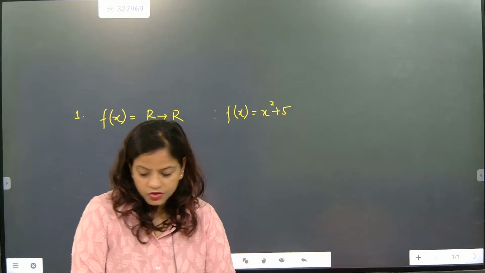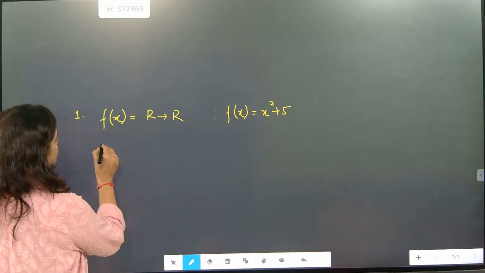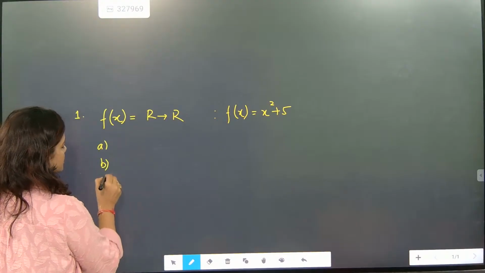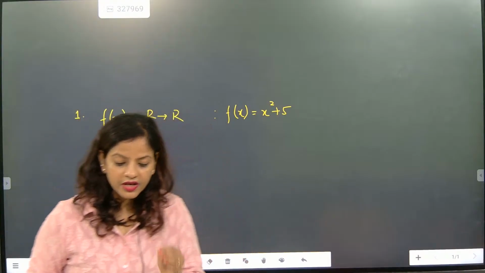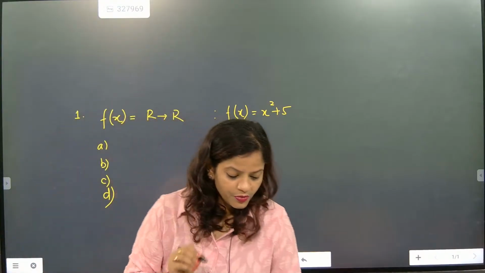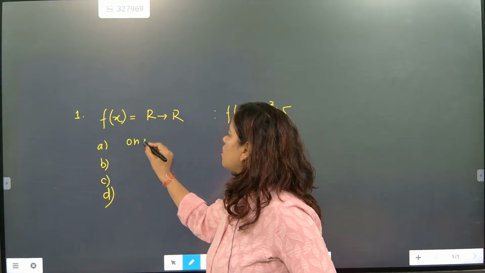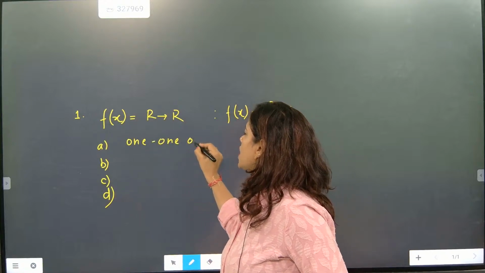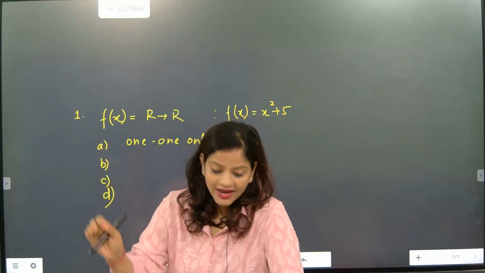Understood? So now I am giving you the options. A, B, C, and D. Remember, MCQs like this are coming very often, so we should focus on what is coming. Option A: one-one and onto. Injective and surjective together they will call bijective.